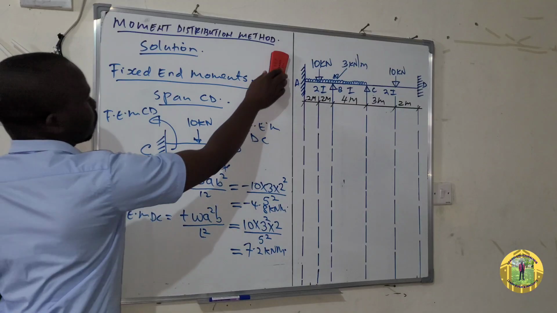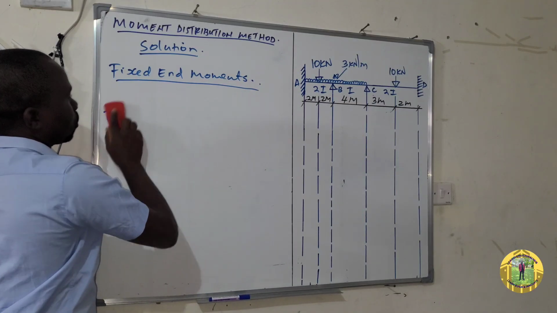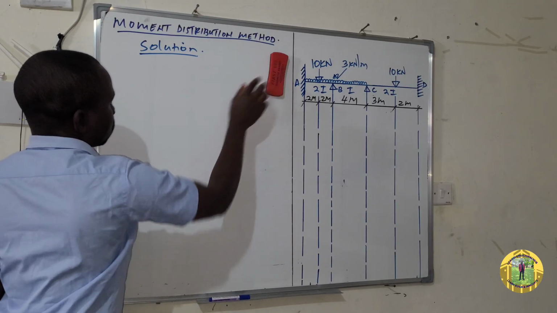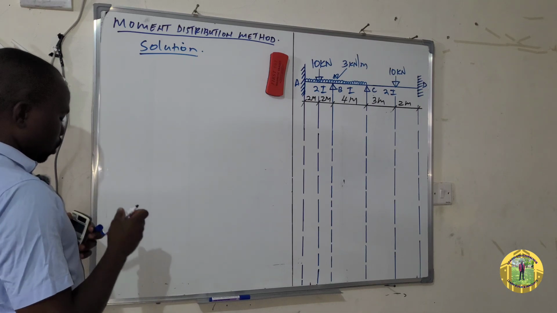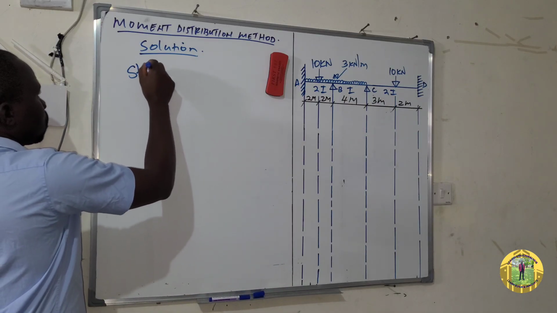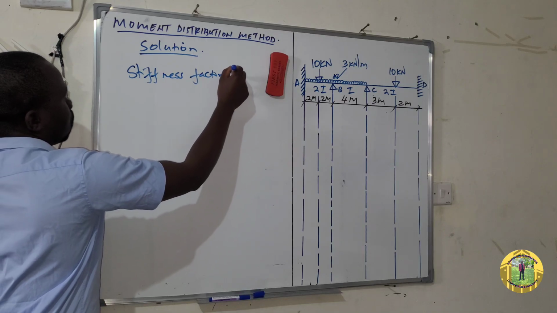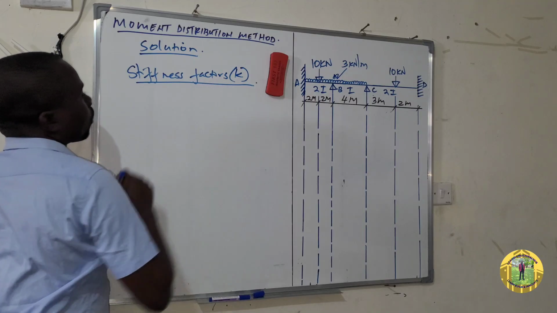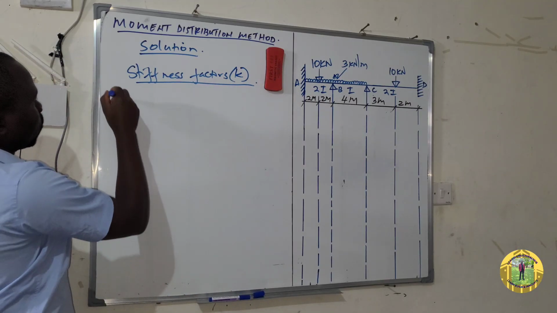And we proceed to stiffness factors, which is K. So we'll start by KAB for span AB.